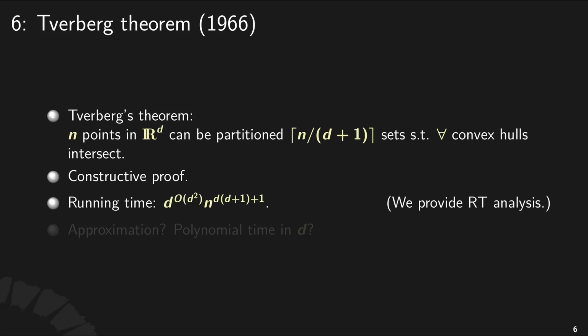Essentially you partition your points into simplices, and all the simplices have non-empty intersection. This point of intersection is the desired center point, and the proof of the theorem is quite beautiful. It's a constructive algorithmic proof, but the running time is pretty awful. It's roughly n to the d squared. We revisit this proof and we provide explicitly the running time analysis. Again, this is not really new.